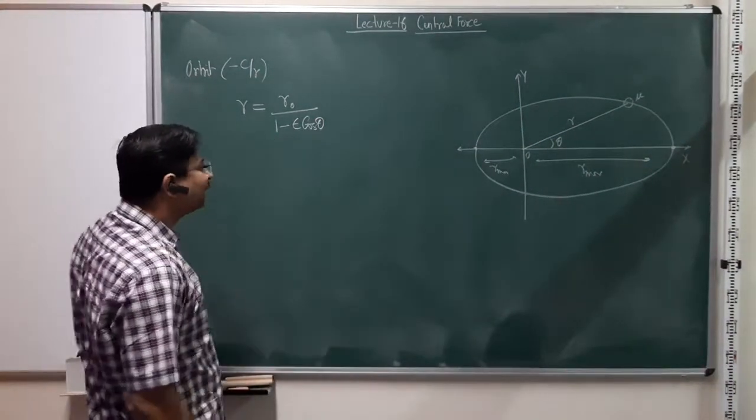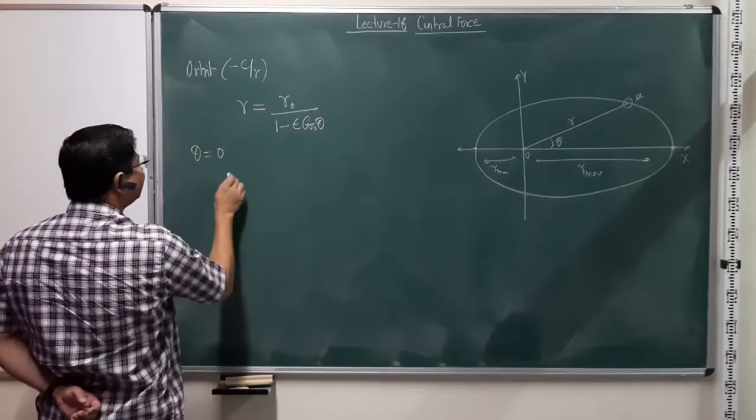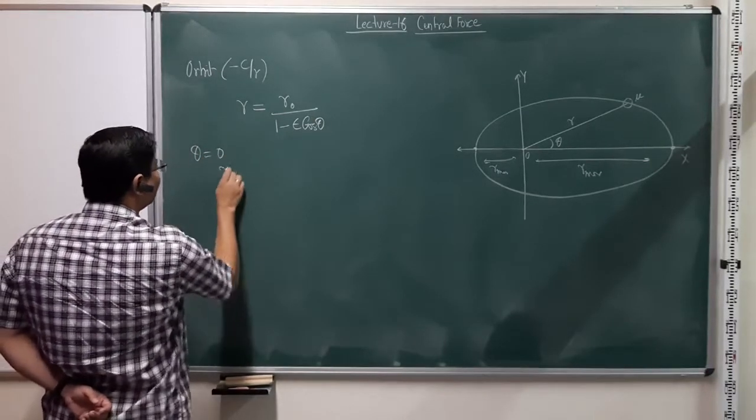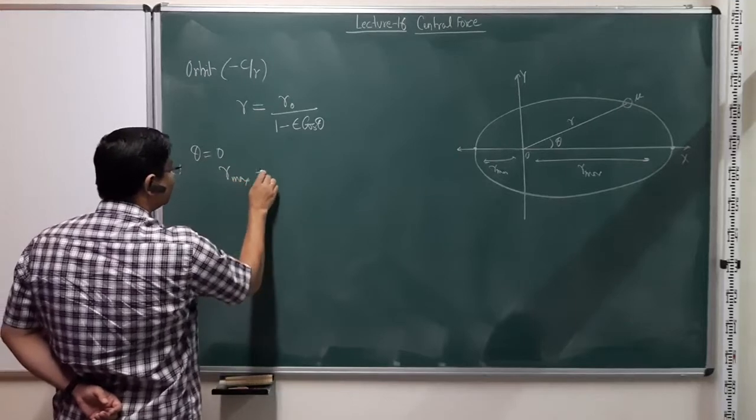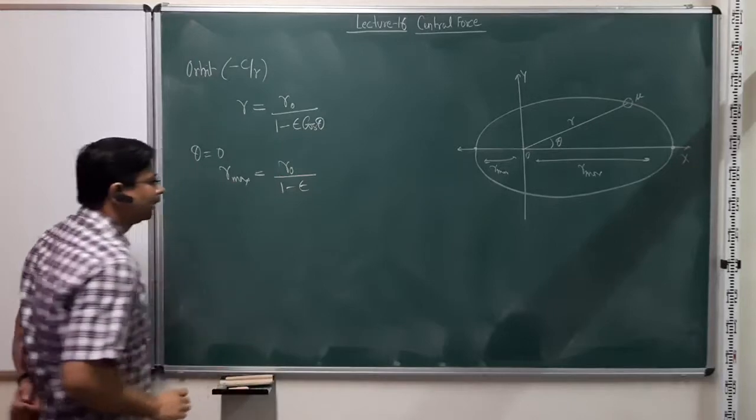We can define these distances, and if we look at this equation, we will see that at theta equal to 0, r will be r max, and its value will be r0 over 1 minus epsilon.